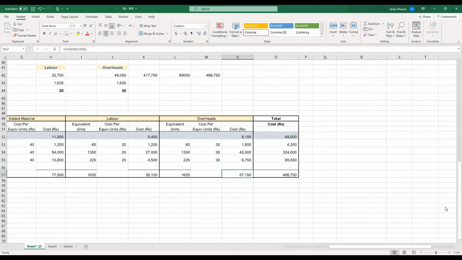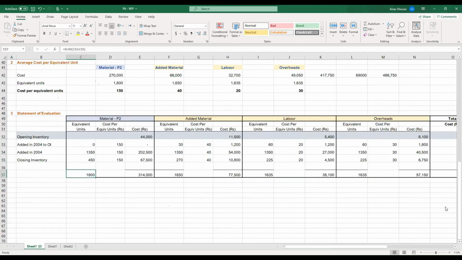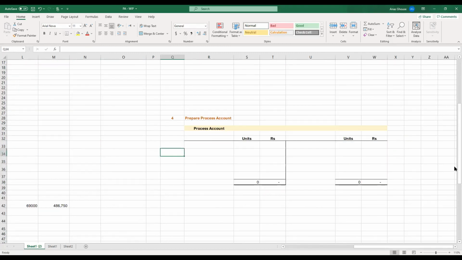Okay. Now finally, we'll prepare the process account. We'll take the opening inventory. We had 300 units. Then input from process 2, 1,800 units. So let's take the relevant cost.